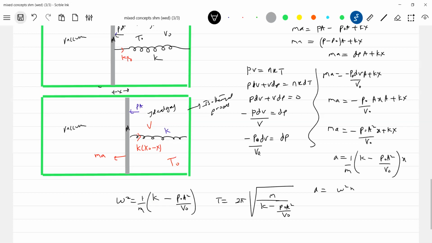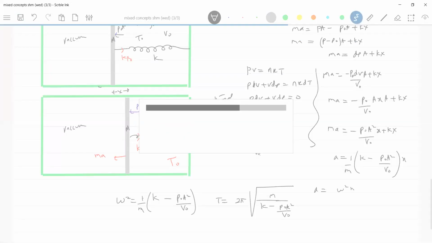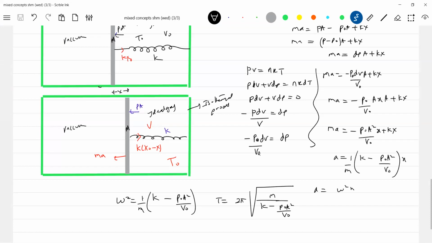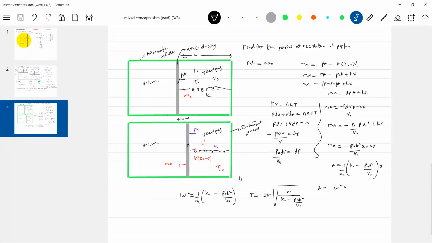So like this, you may encounter different situations here. You have to be very careful. There's everything on the right hand side, a gas is present. Now try to make observations in various chapters where SHM is possible.